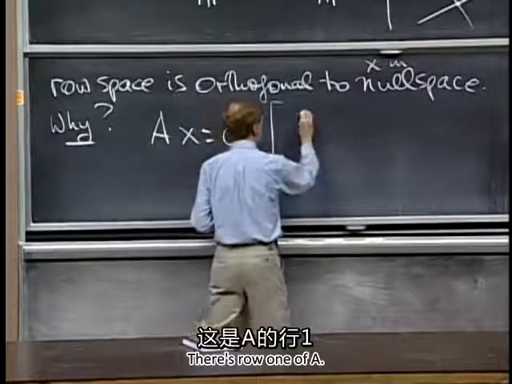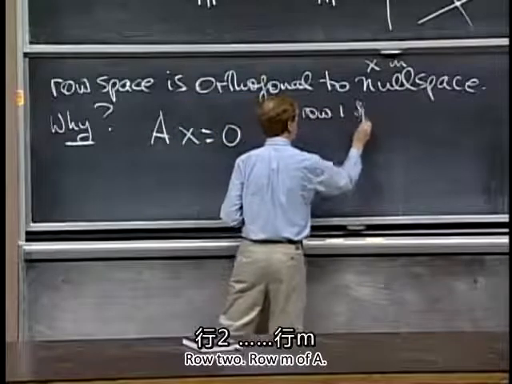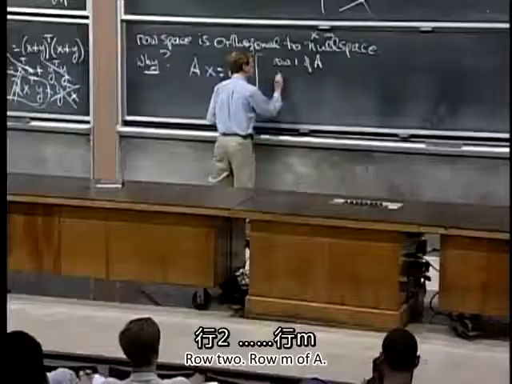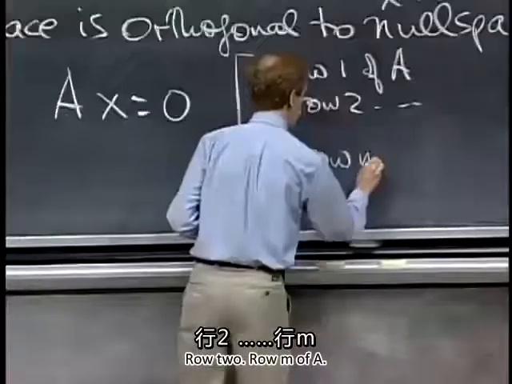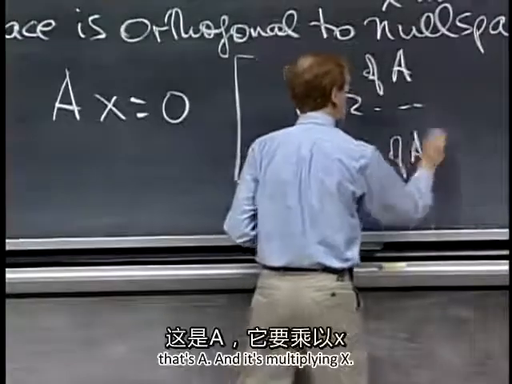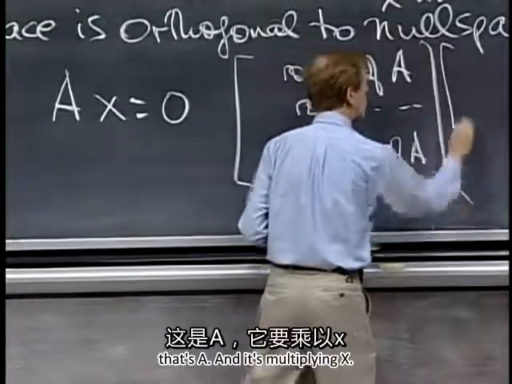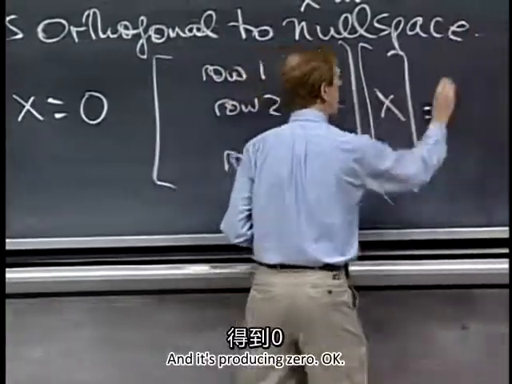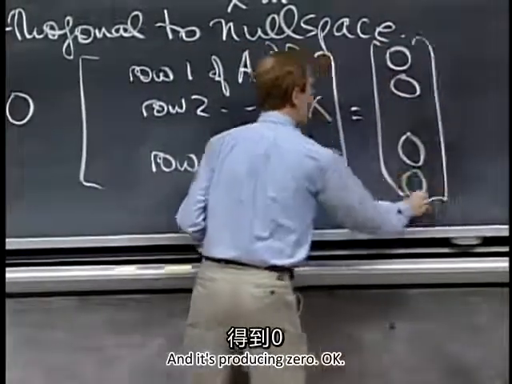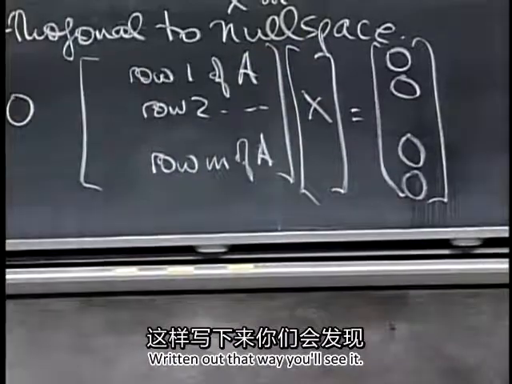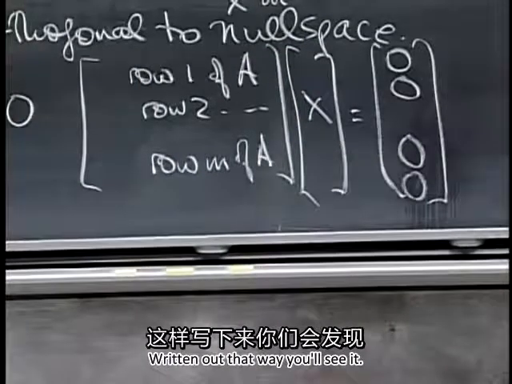There's row 1 of A. Row 2. Row m of A. That's A, and it's multiplying x, and it's producing 0. Written out that way, you'll see it.